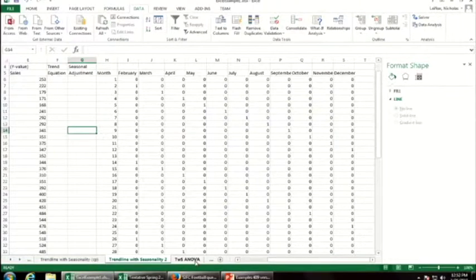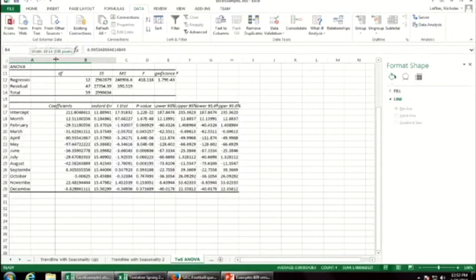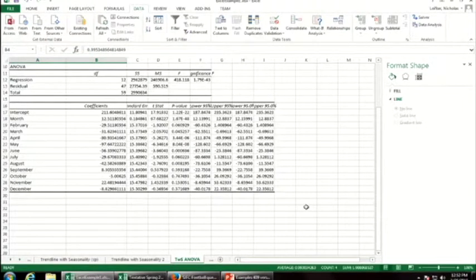And this is what we get as a result. So, here's a question. Of these, how many of these are we going to use to calculate for any given month?